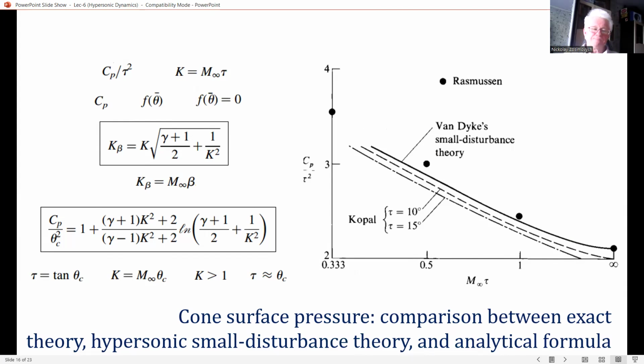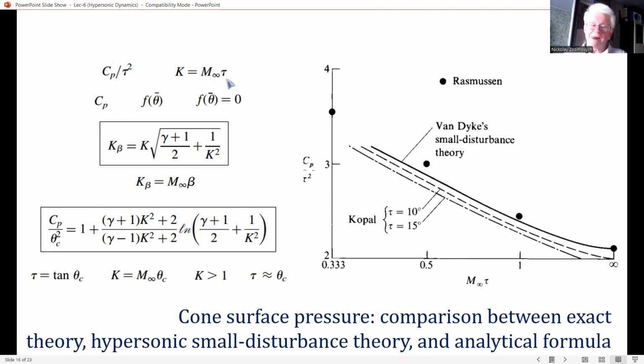And now there is another reason for treating the case of a cone. For this case, the hypersonic small disturbance theory leads to a closed form analytical result for our Cp expression, for given tau and M infinity.